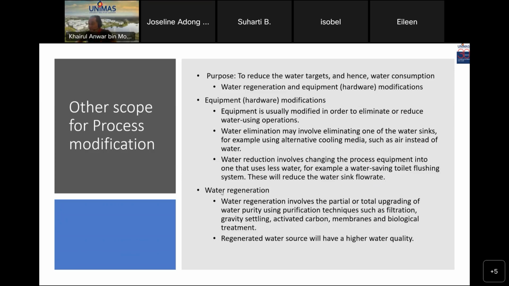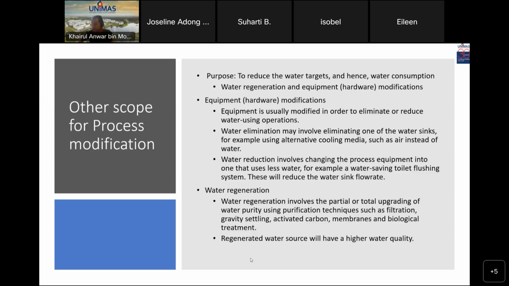This is the example. Water regeneration involves the partial or total upgrading of water purity using purification techniques such as filtration, gravity settling, activated carbon, membrane, and biological treatment.